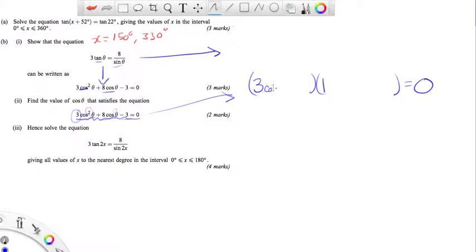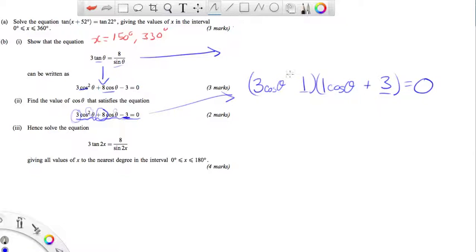So we're going to have 3 cosine of theta, 1 cosine theta. And then the constant is also a prime number, 3. So it only has 2 factors. So in these two places, we're going to put either a 1 or a 3. But because this middle term is an 8, I'm going to say this is going to be a 3 and a 1. Because if I have 3 times 3, that will give me 9.